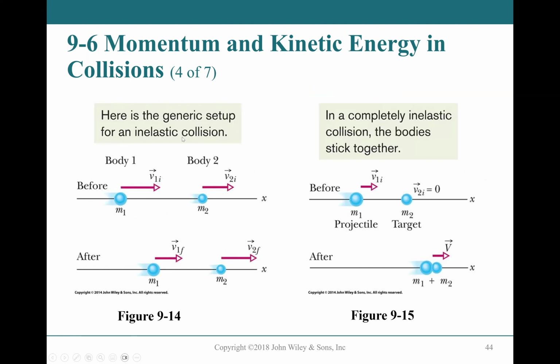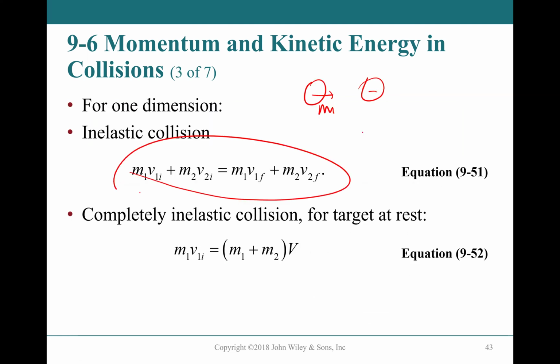So we have a general setup for a completely inelastic collision, M1, M2, initial, final, with initial 0, and then they stay together. Different cases have different setups, but they all apply to this equation here.